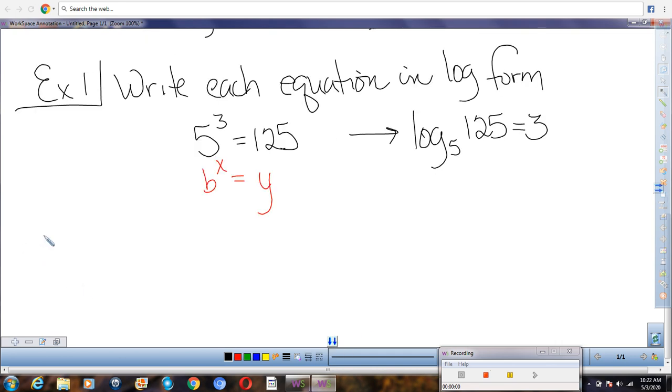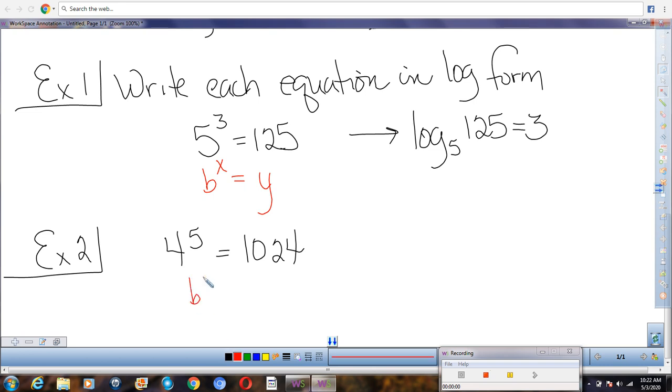Let's try another one. Example number 2. We have 4 to the 5th power equals 1,024. So again, quick reminder, this is b to the x equals y. Let's rewrite this in log form.